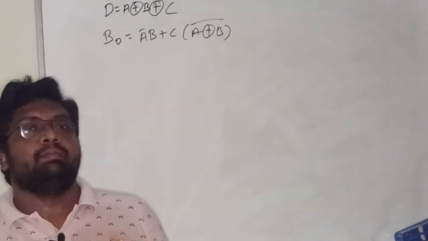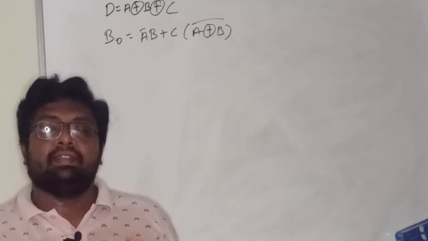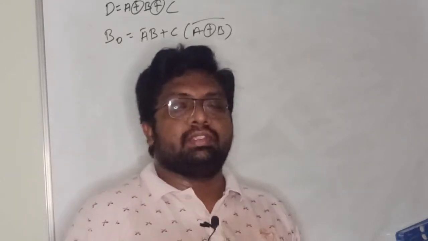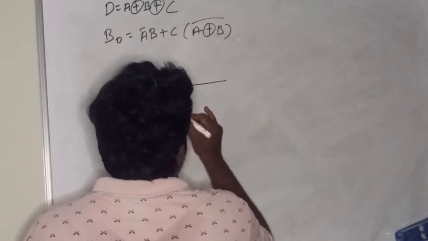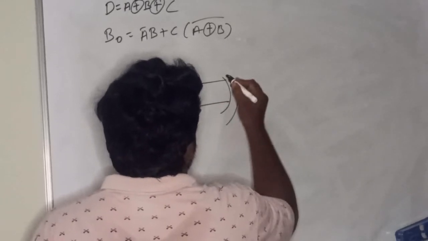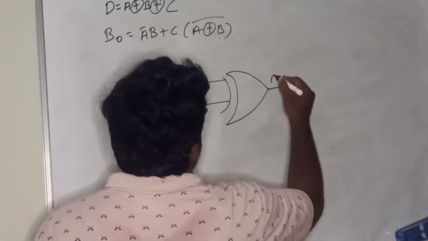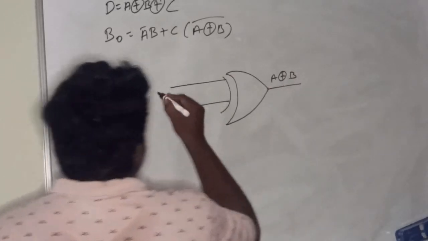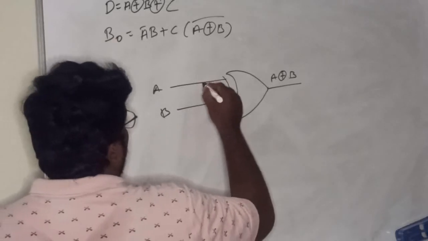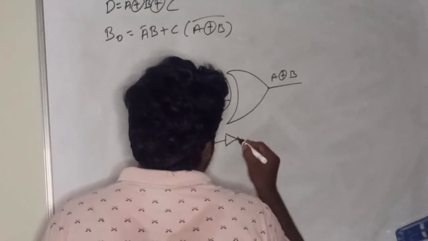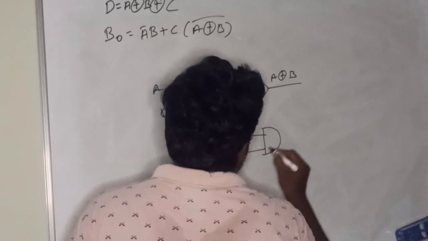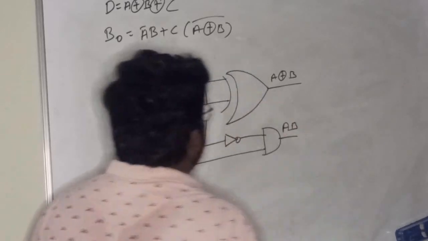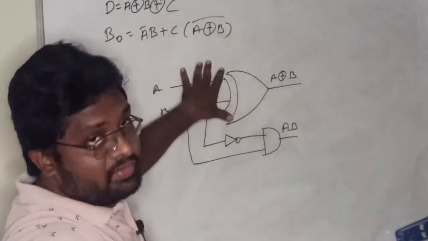As we have simplified the difference and the borrow, now I am going to design the full subtractor using two half subtractors, right? Generally a half subtractor will be represented like this. This is A XOR B, these are the inputs A and B. So this is one half subtractor, right?